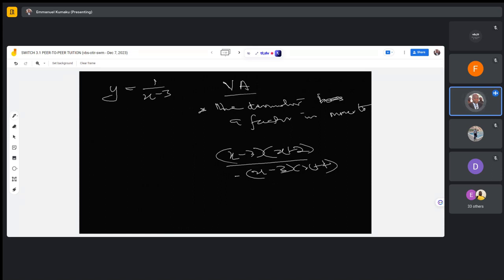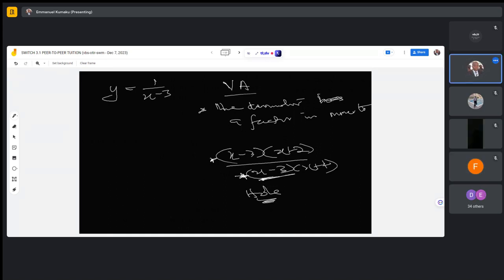Because we have x minus 3 here, and we have x minus 3 here. When it happens like that, the x minus 3, which can cancel out the top here, cannot be an asymptote. It would rather be a hole. There's a discontinuity of the graph there.